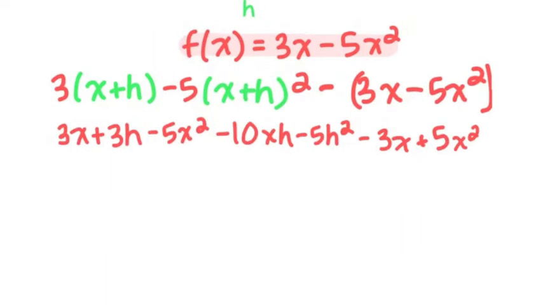And just like this, we can see that we have some like terms that we can cancel out, like the 3x, negative 3x, the negative 5x to the second power, and the positive 5x to the second power.